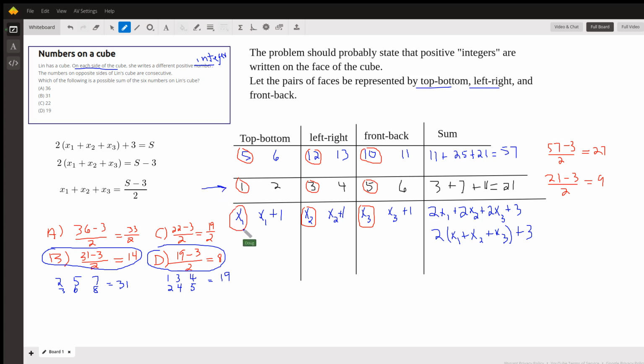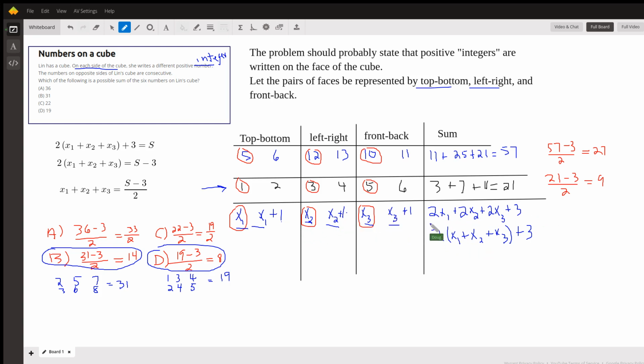But now here's the general example. If x sub 1 is the number on the top, then one more than that is x sub 1 plus 1, x sub 2 on the left, x sub 2 plus 1 on the right, x sub 3 on the front, x sub 3 plus 1 on the back. And if we add all those up, you can see that there's 2 x sub 1s, 2 x sub 2s, 2 x sub 3s, and then we're adding a 1, a 1, and a 1.